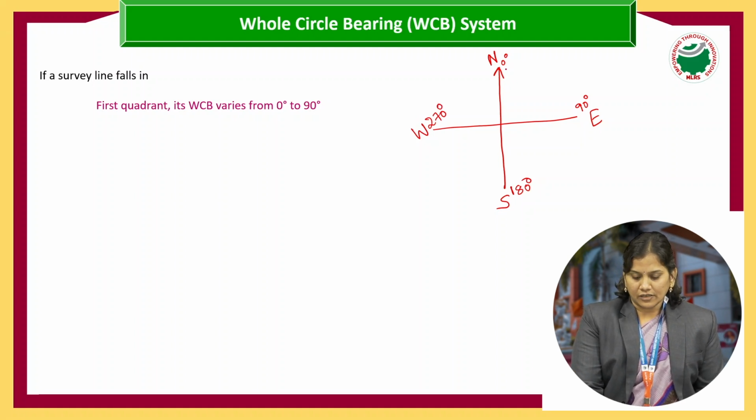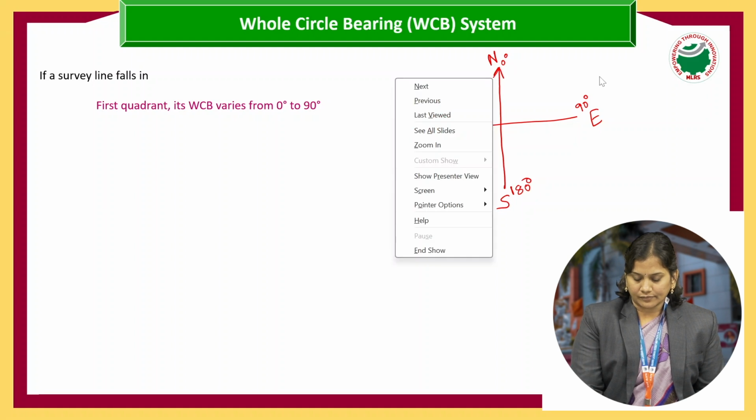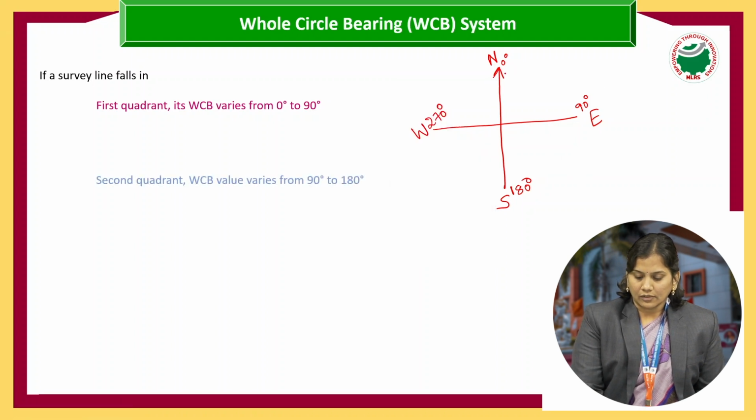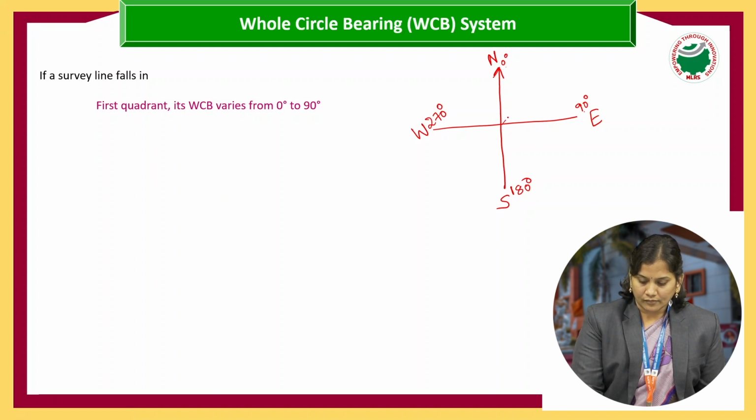If our survey line lies in first quadrant, that is north to east, that is from 0 to 90 degrees. We will denote this as theta, and we will measure the angle from north towards our survey line in clockwise direction, and this theta in the first quadrant varies from 0 to 90 degrees.